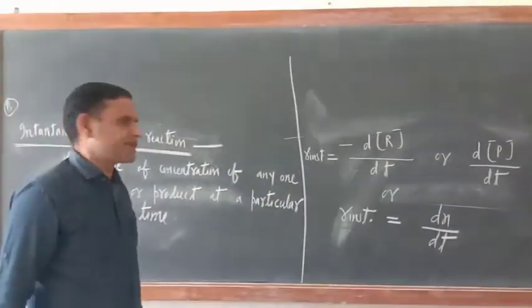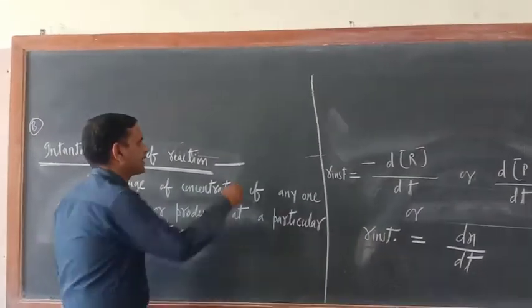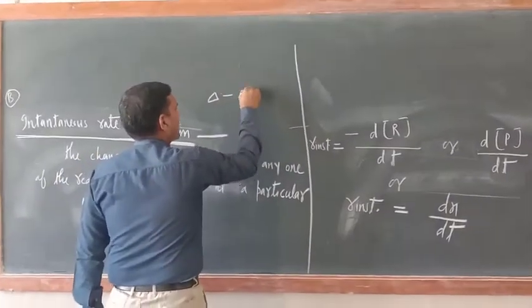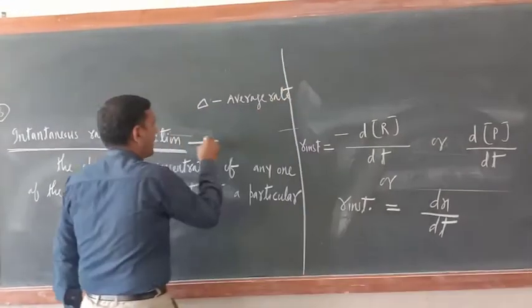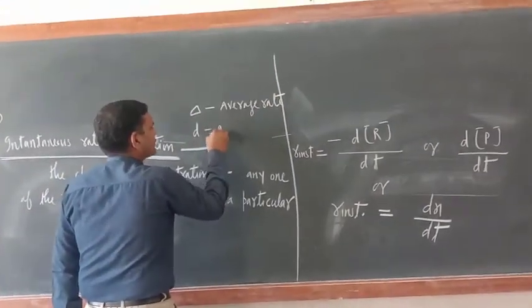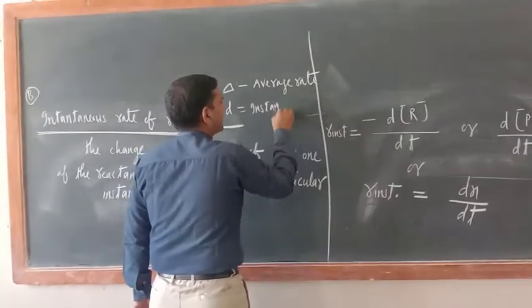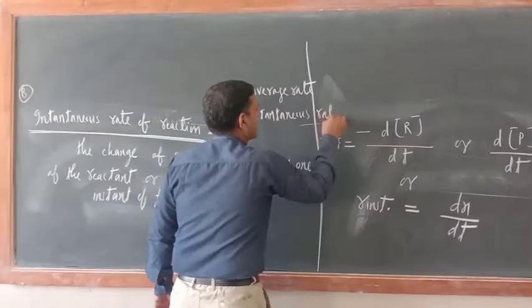There are basically two differences. The first difference is that in the case of average rate of reaction, you use this expression, and for instantaneous rate you use this one.